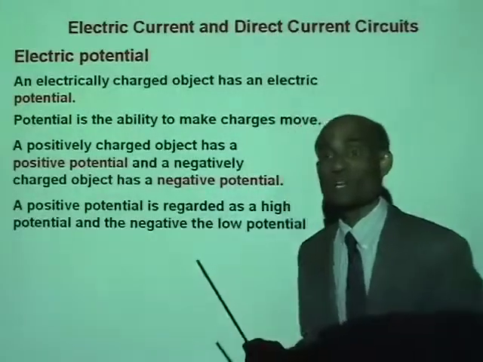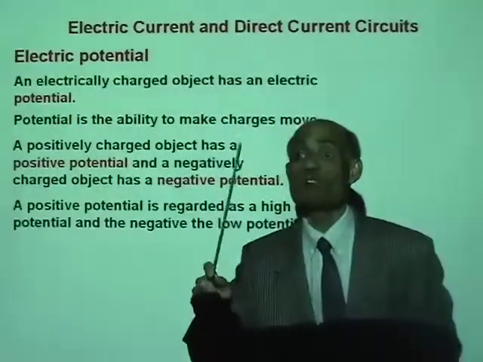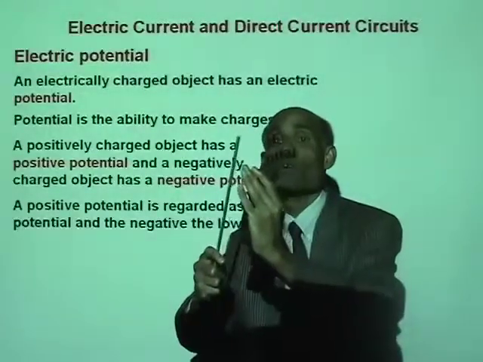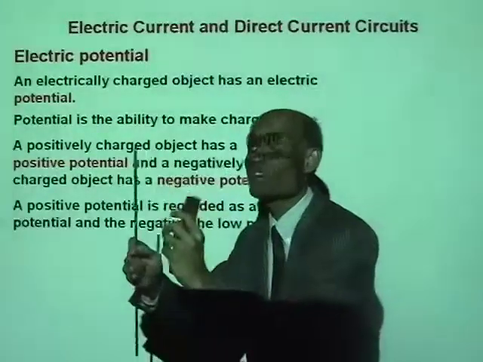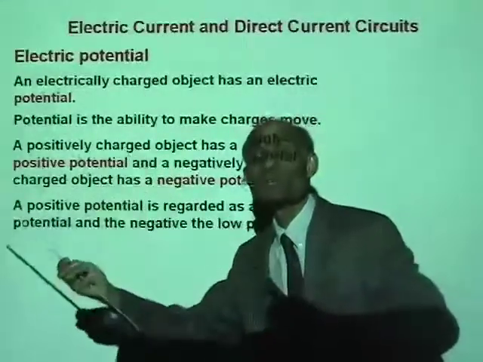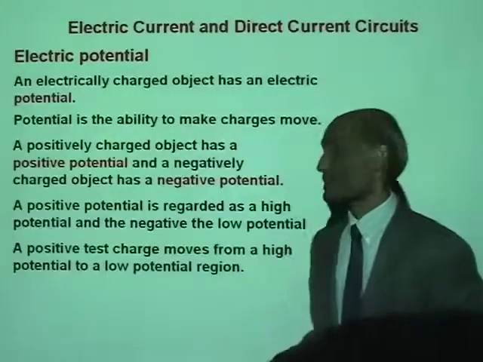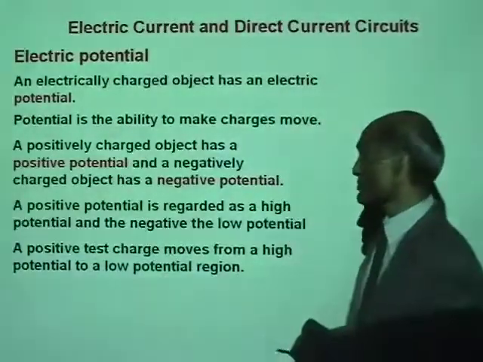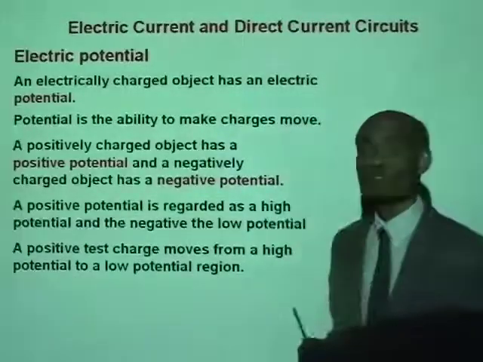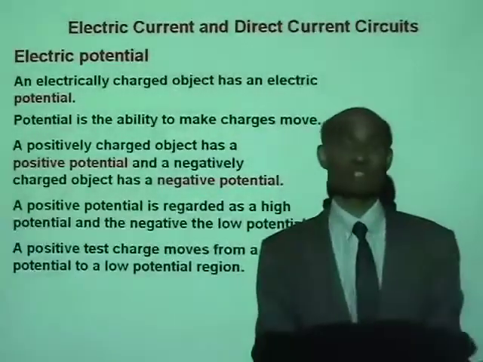That means if you place a unit positive charge near a positive charge, it will move away from the positive and towards the negative, from high potential to low potential. So a positive test charge moves from a high potential to a low potential.